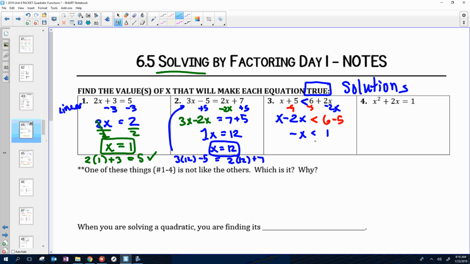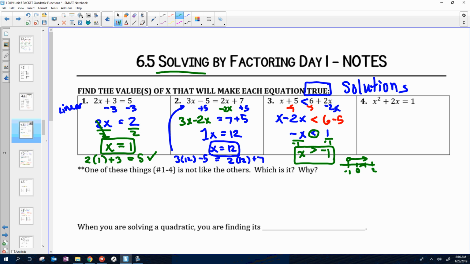And then to finish this off, I divide by negative 1, and I need to flip the symbol because I'm dividing by a negative. So x is greater than negative 1. 1 divided by negative 1 is negative 1. So if you think about this, I want all the numbers that are greater than negative 1. That would be all of these numbers, like 0 and 1 and 2. There's a whole bunch of solutions to that.